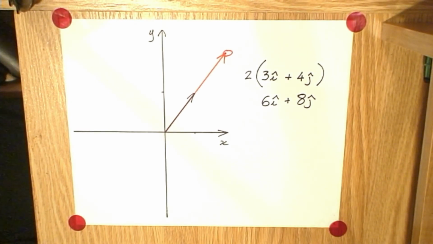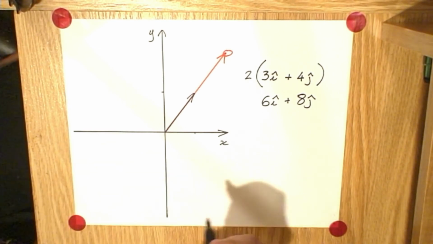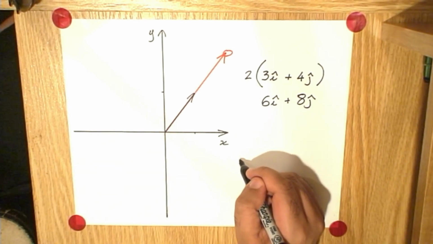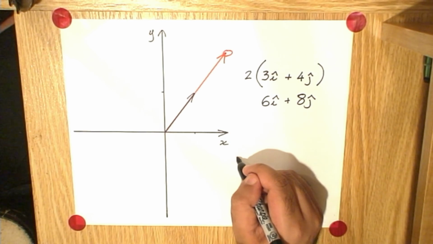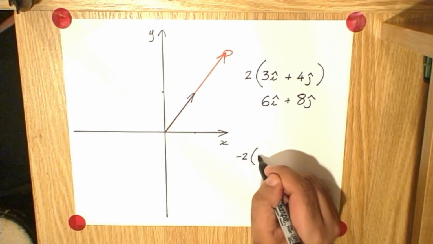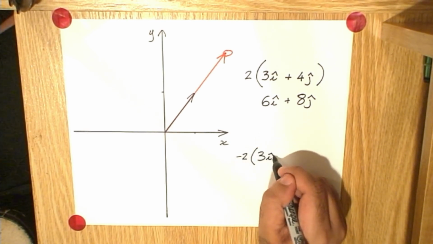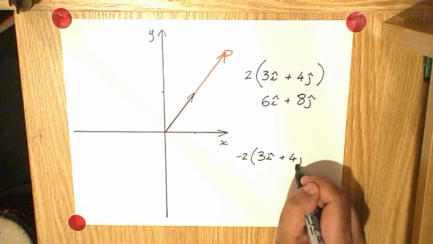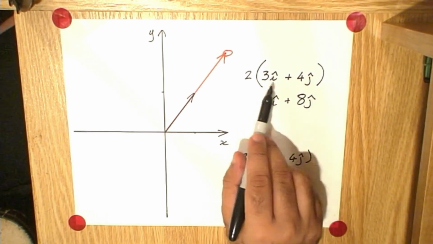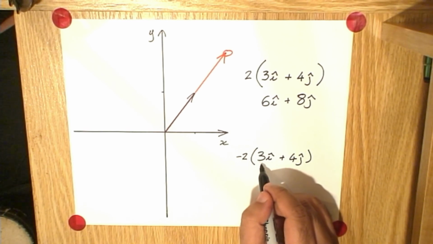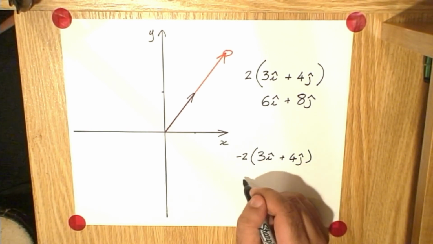What if, instead of multiplying by positive 2, we instead multiplied by negative 2? So negative 2 multiplied by 3i hat plus 4j hat. So taking the original vector, 3i hat plus 4j hat, and multiplying it by negative 2.